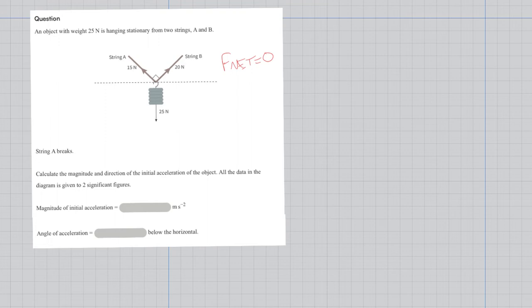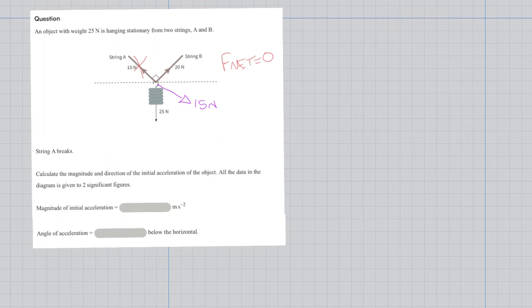So when A goes away, what must have been left is a net force in this direction at 15 newtons. And that has to make sense, because if this force was keeping it in equilibrium, when we get rid of that force, the new net force then must be 15 newtons in the opposite direction. So we're going to say this is our net force of 15 newtons.